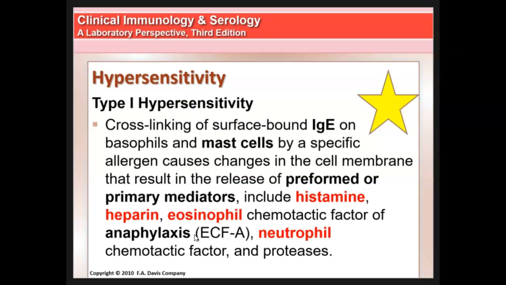Okay, so the cross-linking of surface-bound IgE on basophils and mast cells by the specific allergen, whether it's bee venom or pollen or peanut allergen, causes a change in the cell membrane that results in the release of the preformed primary mediators such as histamine, heparin, and eosinophil chemotactic factor of anaphylaxis.